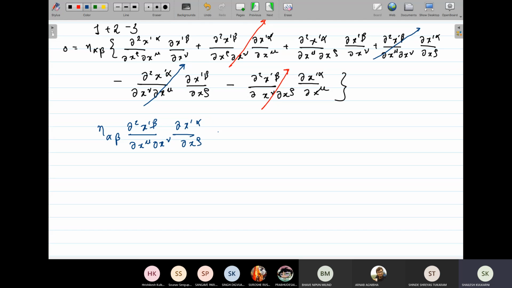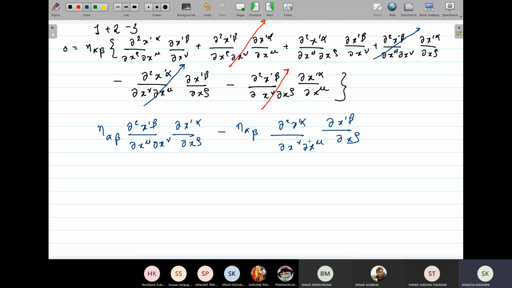Okay, minus this. Okay, so eta alpha beta del 2x prime alpha del x nu del x mu, okay, del x prime beta del x rho. Okay, my claim is that this is same as this one.